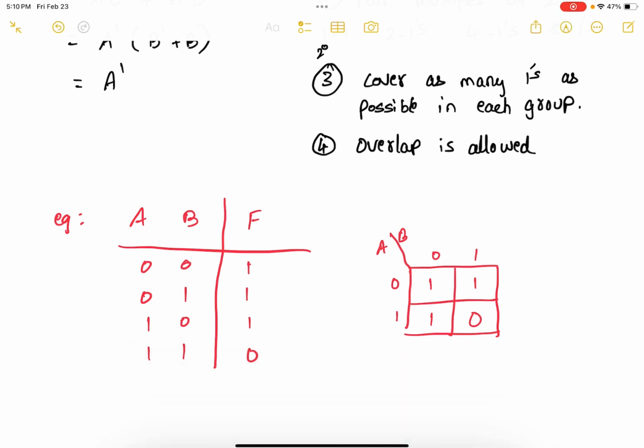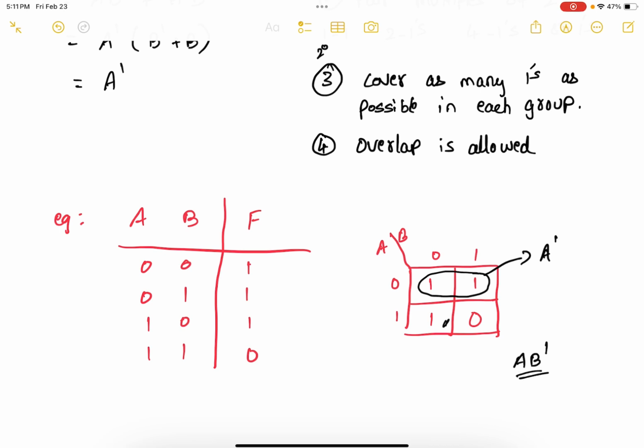Now let's start pairing up. To pair this up, we're going to take adjacent ones. And this one would be A', because A equals 0 is the common term among those. Now we have only 1, 0 left. You could have just written it as AB', because if you just take this one, the only common term is A and B', that's fine.